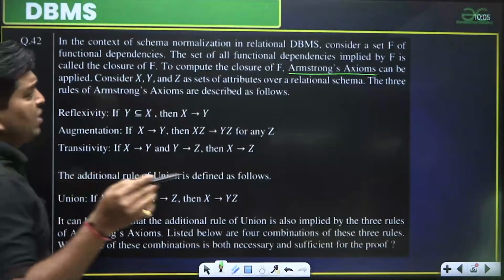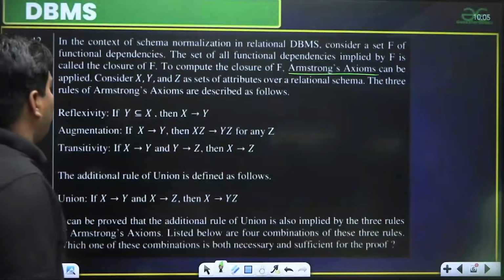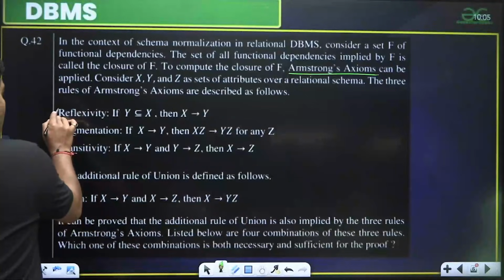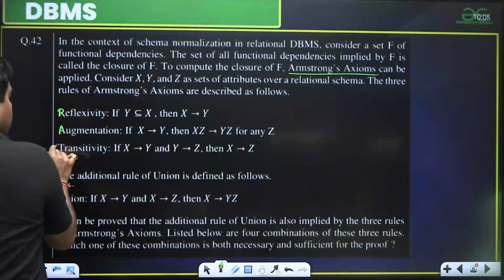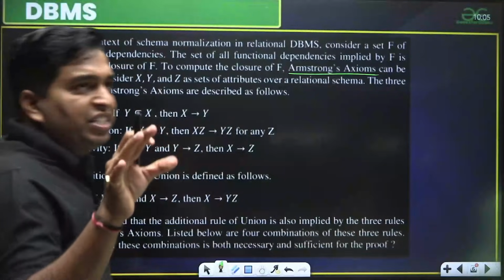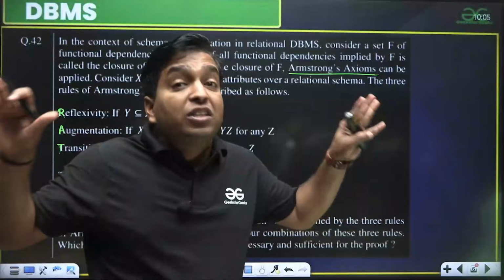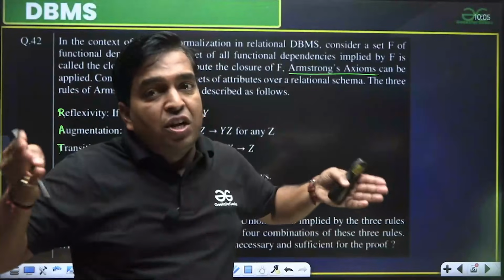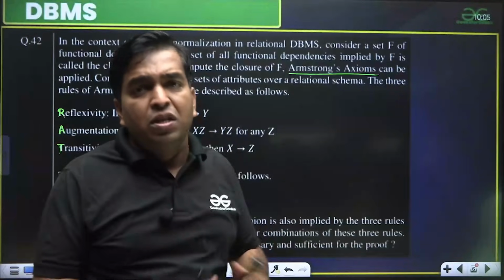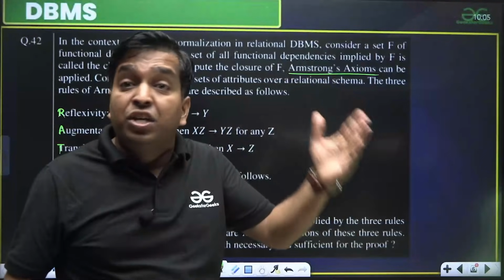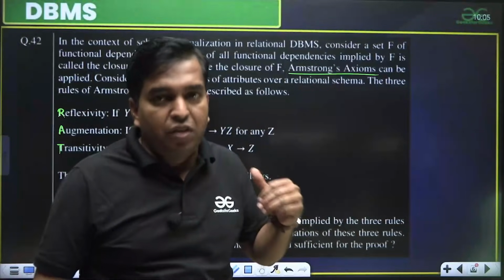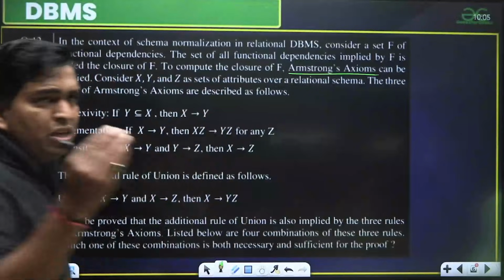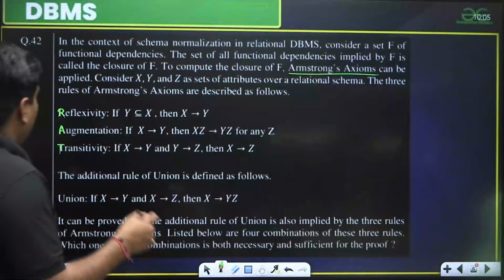Consider X, Y, Z as a set of attributes in a relational schema and three rules: R, A, and T. Reflexive, augmentation, and transitivity. These are the three major rules, and additional rules can be derived from these three rules, like union, decomposition, and pseudo transitivity. If you remember, what are the additional rules? Union, decomposition, and pseudo transitivity.